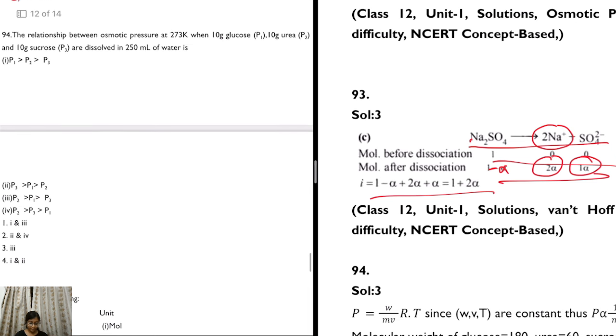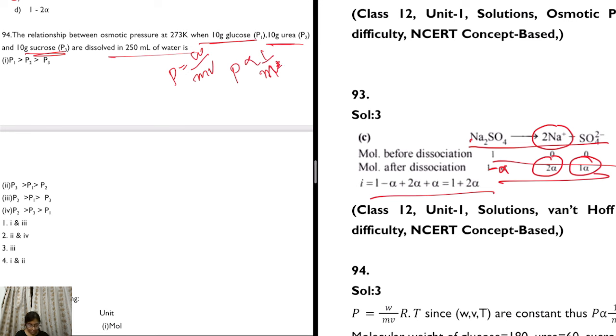The relationship between osmotic pressure at 273 Kelvin when 10 gram of glucose, 10 gram of urea, and 10 gram of sucrose are dissolved in this much amount of water. See, we know that pi equals W upon MV. So it would be inversely proportional to molar mass, and volume is constant, so it will be proportional to mass.